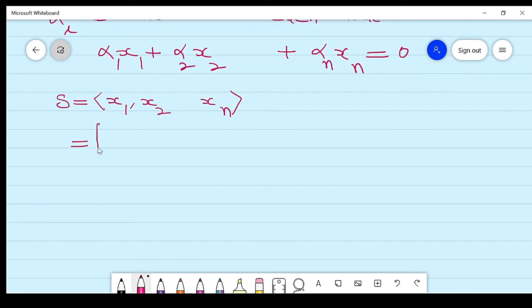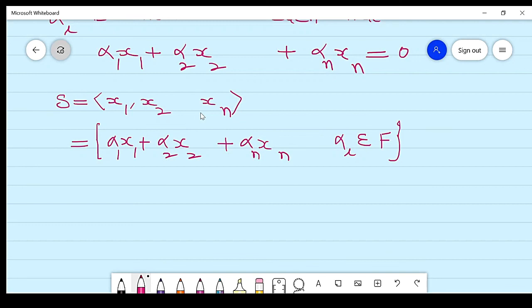It means this set consists of linear combinations of these vectors, alpha 1 x1 plus alpha 2 x2 plus up to alpha n xn, where alpha i belongs to the field, right? So this is called S, which is generated, or spanned, by these vectors. Clear?